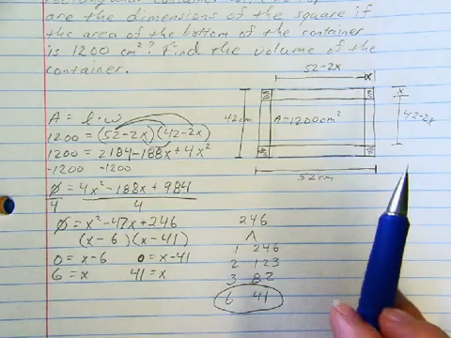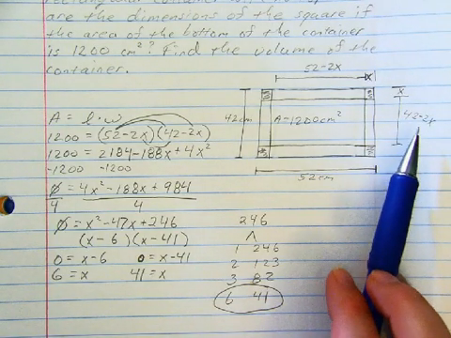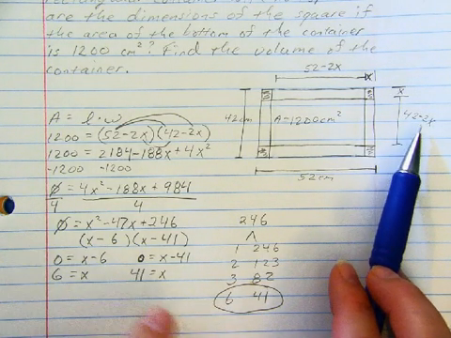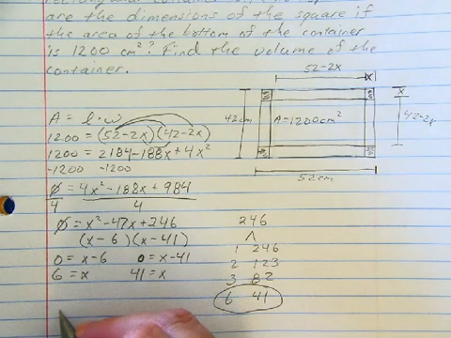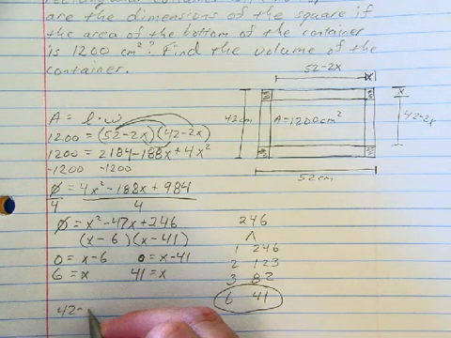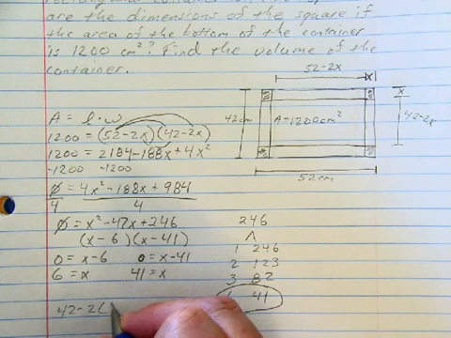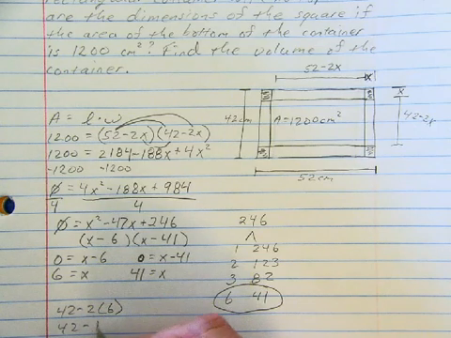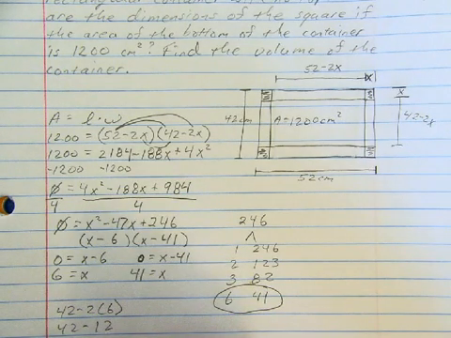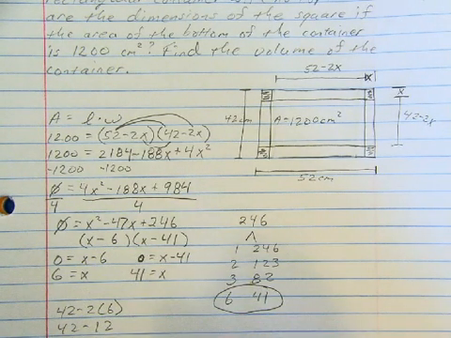So let's see here. If I plug 41 in here, actually let's do 6 first. So 42 minus 2 times 6. So 42 minus 12 would give us 30 for that inside dimension.